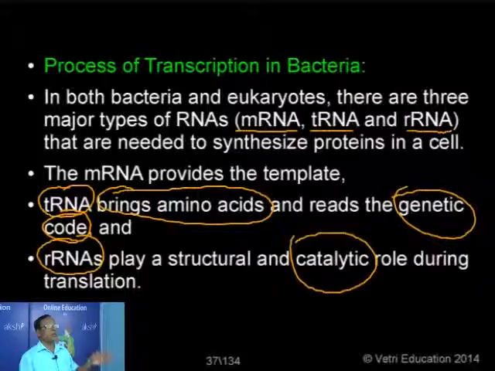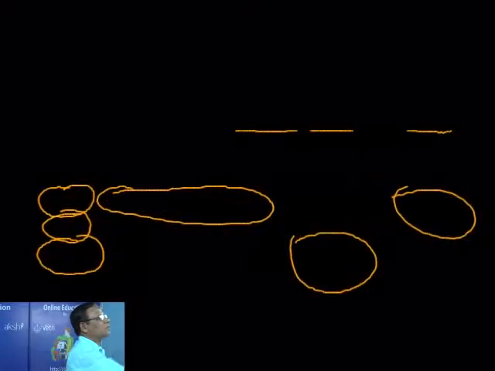So anyway, each one has its own specific function, that we can say there is a division of labor. So the mRNA provides a template, the tRNA brings the amino acid and reads the genetic information of the code, and the rRNA plays a major role, the structural as well as catalytic role in protein synthesis during the translation process.